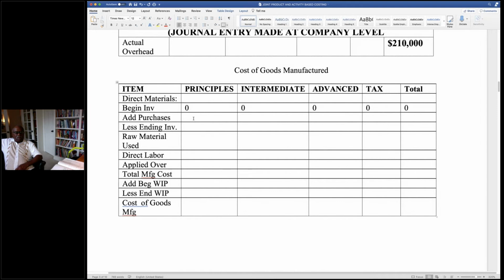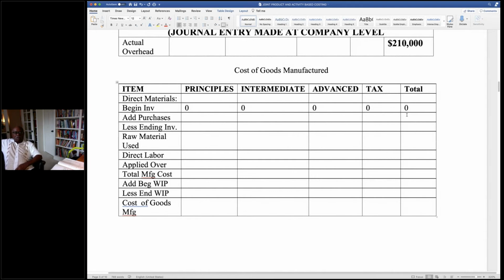And for this part we put the purchases that the company bought in the total section. So this line is gonna be empty.